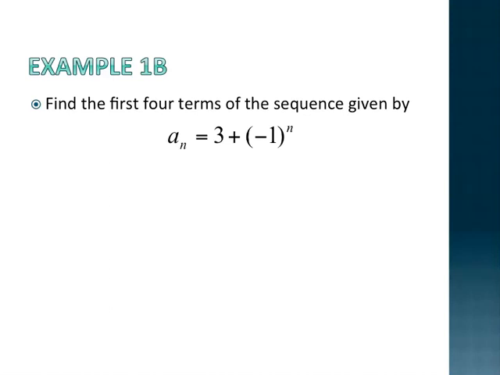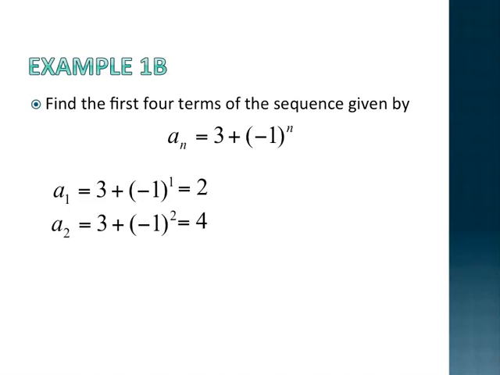Find the first 4 terms of the sequence given by this function here, a sub n equals 3 plus negative 1 to the nth power. So we'll do the same thing as in the last example. In this case, n is in the exponent. So we have a1 is equal to 3 plus negative 1 to the first, which is equal to 2. A sub 2, now we have negative 1 being squared, so that ends up being positive, so that's 3 plus 1 equals 4.